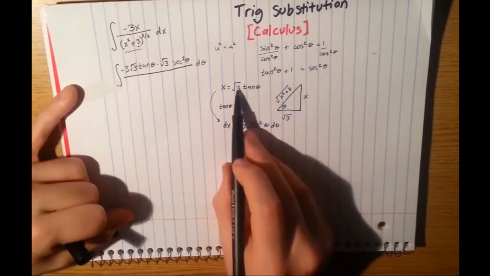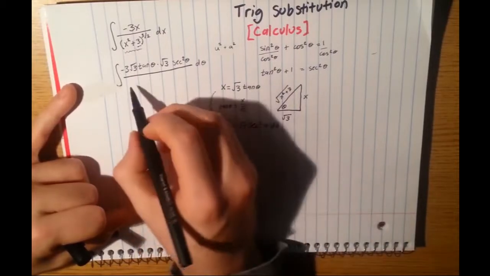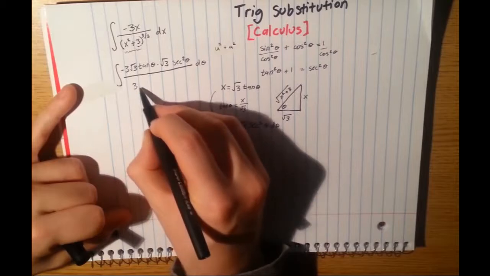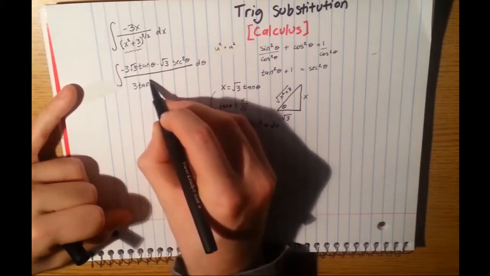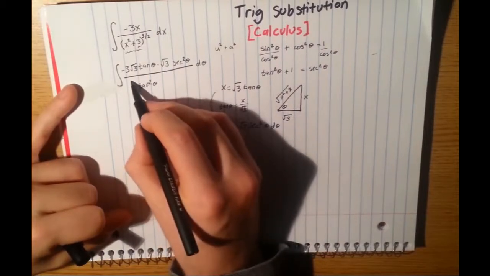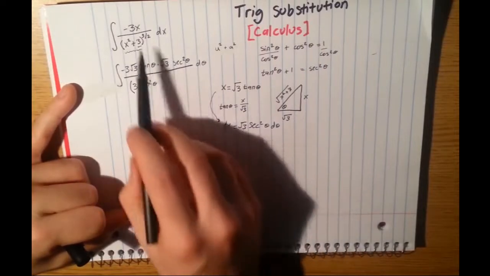Well, x squared, that's going to be 3 tan squared theta. So I have 3 tan squared theta plus 3.